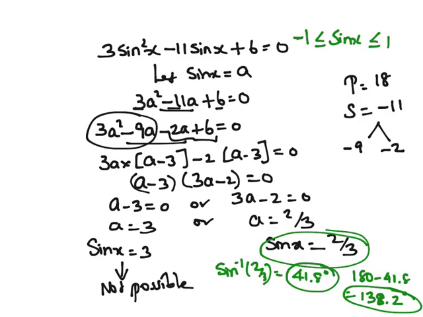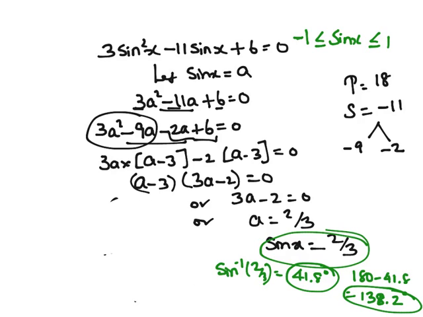So these are the two solutions for this particular trigonometric equation. Now what happens in case, for example, the input mode is in radian?